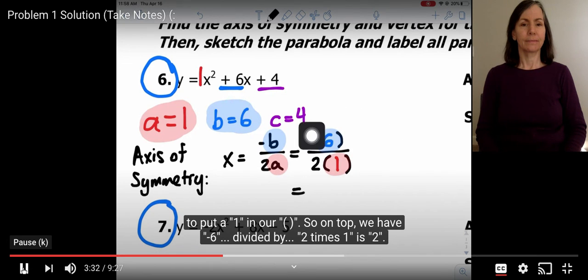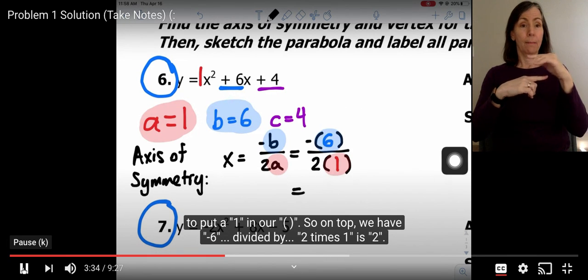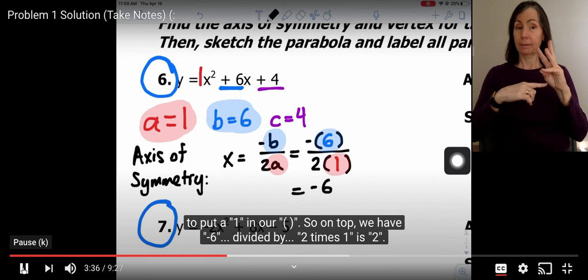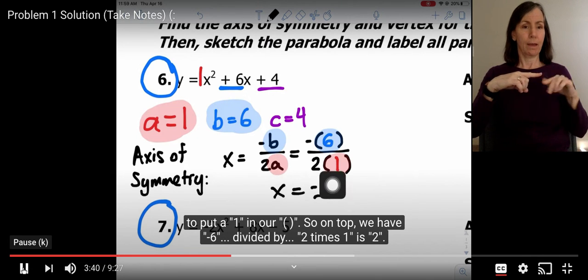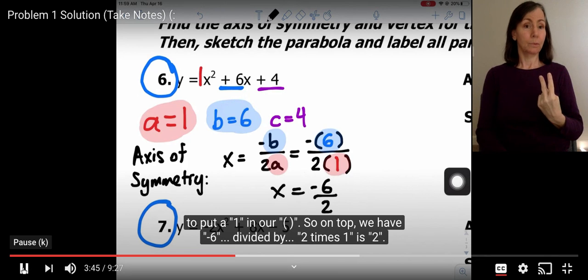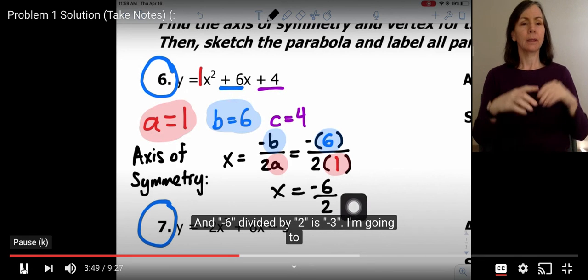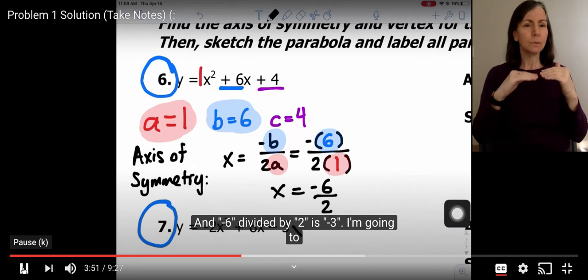So on top we have negative 6 divided by 2 times 1 is 2. And negative 6 divided by 2 is negative 3.